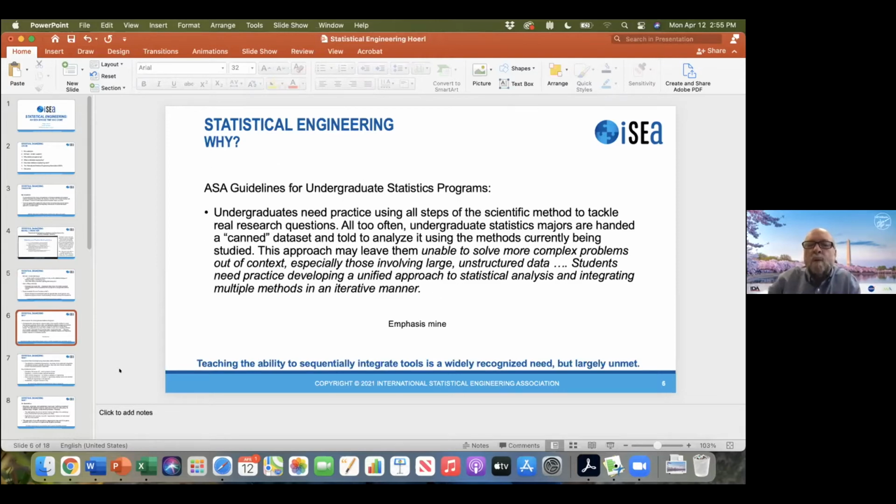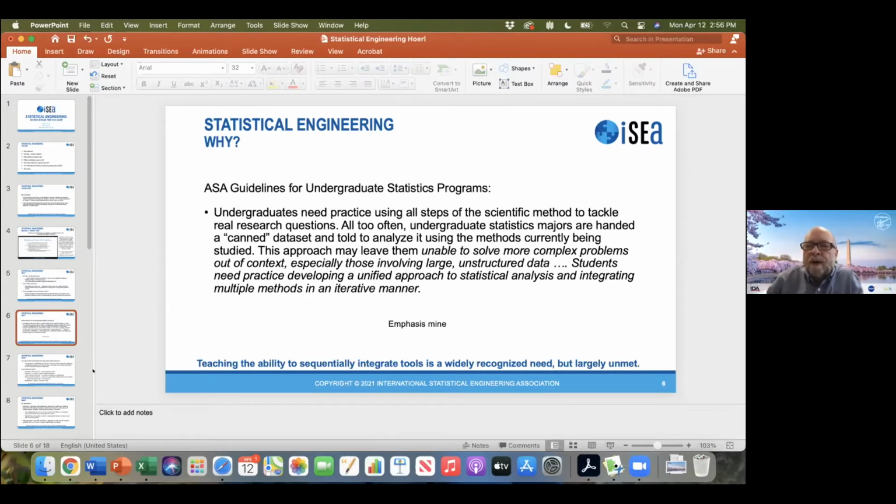The American Statistical Association published guidelines for undergraduate statistics programs and pointed out, I'm highlighting the emphasized part, that when undergraduate statistics majors are handed a canned data set and told to analyze it with the methods currently being studied, this can often leave them unable to solve more complex problems out of context, especially those involving large unstructured problems, and that students need practice developing a unified approach to statistical analysis and integrating multiple methods in an iterative manner.